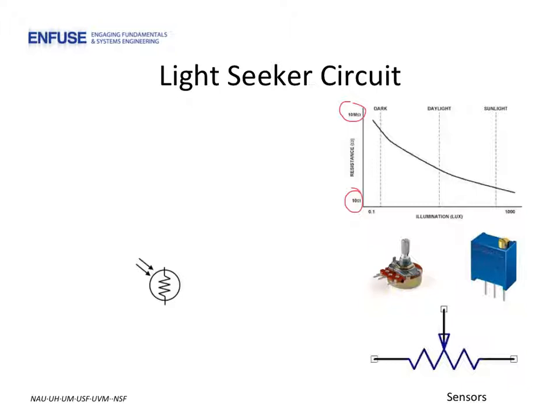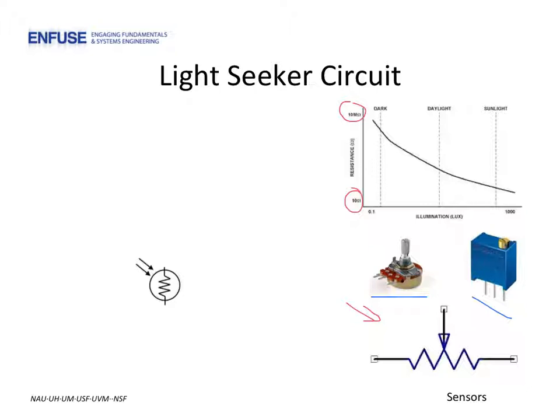One way to do this is by using two potentiometers along with the photoresistor. One potentiometer can have a large range, say 1 megaohm, but very coarse resolution. The other type of potentiometer would have a smaller range, let's say 10 kiloohms, but with much finer resolution. This latter type of potentiometer is called a trim pot. Note that the potentiometer is a 3-terminal device.